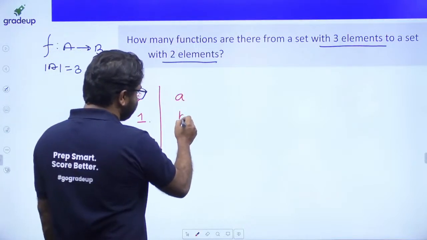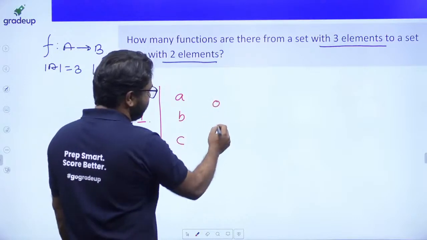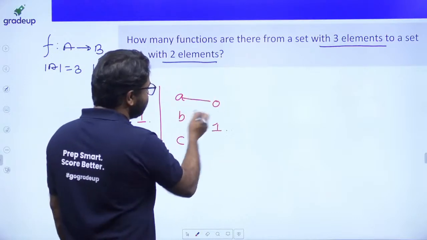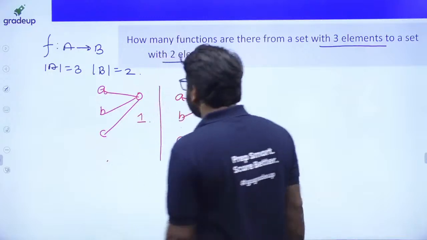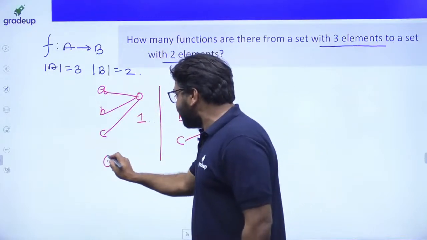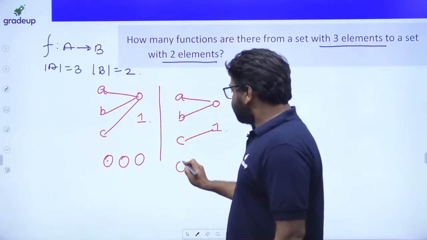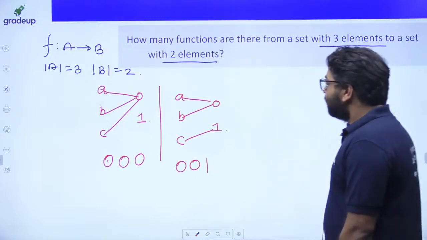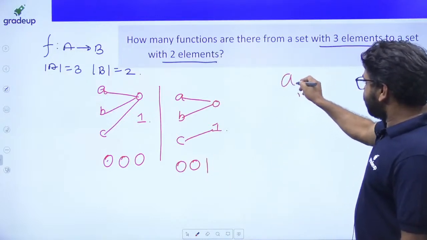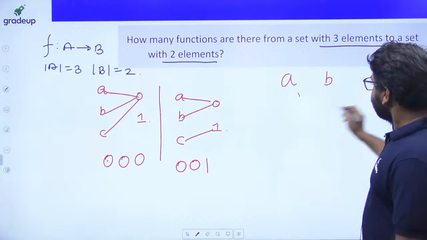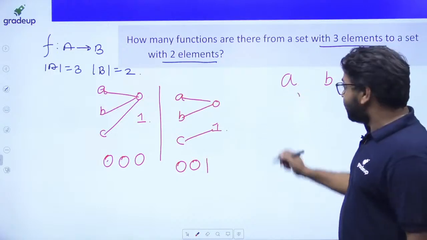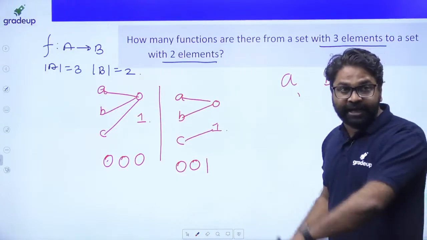Another type of function: this is A, this is B, this is C, and here you will get 0 and 1. Now there is another possibility. If you relate, this is 0 0 0, and this is 0 0 1 that you will get. Basically over here this is A, this is B, this is C. See, A has 2 possibilities: either it can point to 0 or it can point to 1.